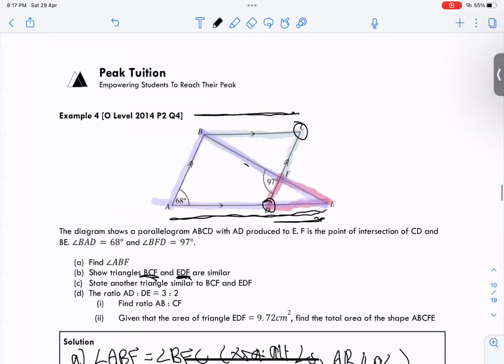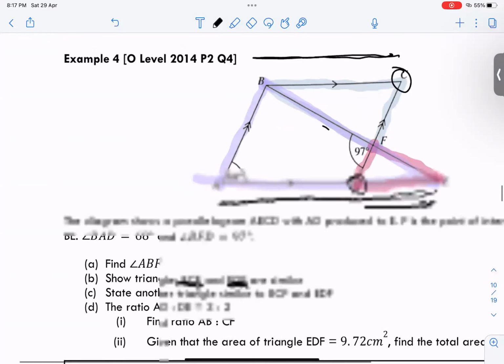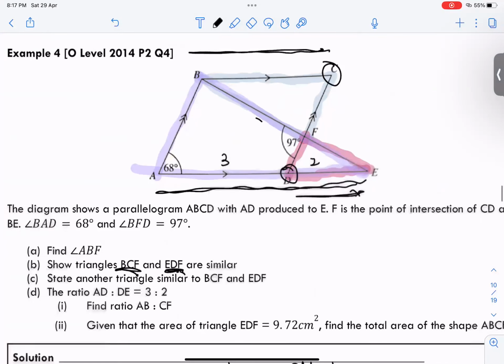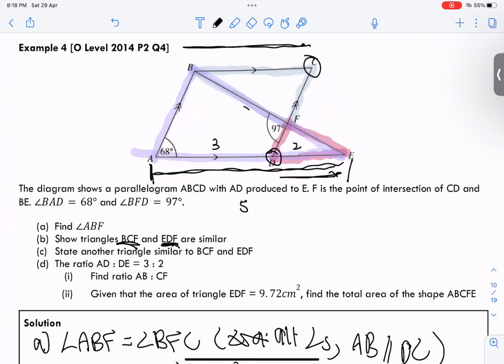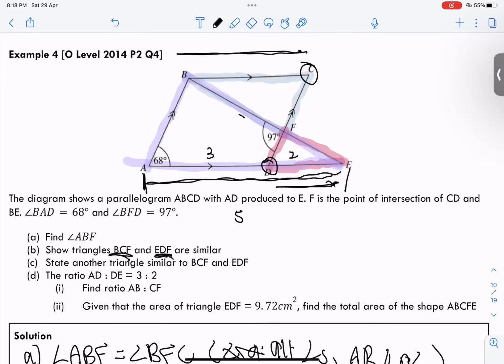Then after that, over here, right? Since you highlighted, it's very clear already. Then they say ratio AD to DE. AD to DE is 3 to 2. So in total AE is 5. Then when you write down like that, you can see it's quite clear. What's the ratio of the corresponding sides? 3 to 2 and 5.